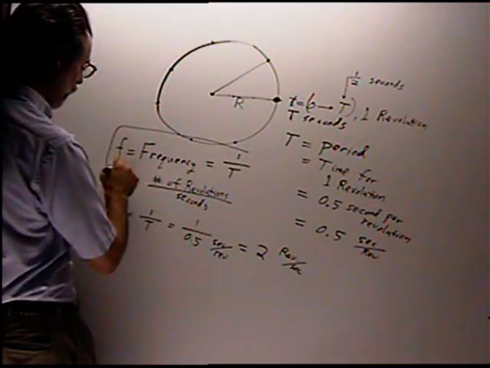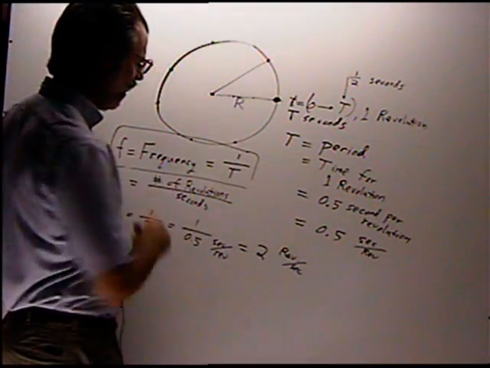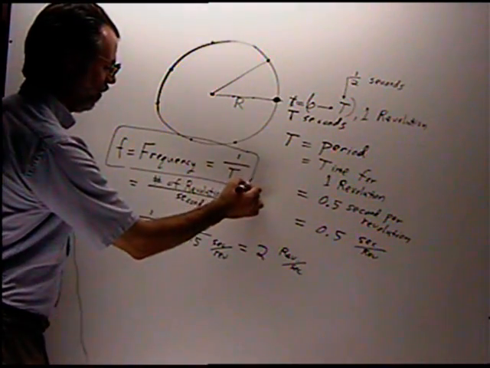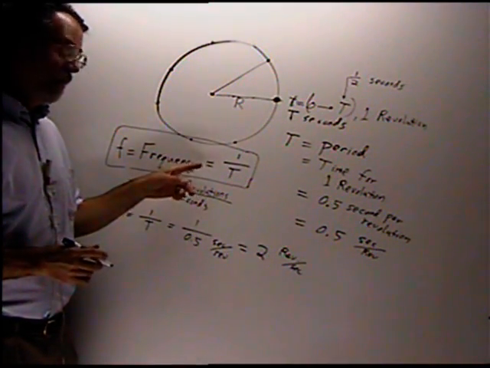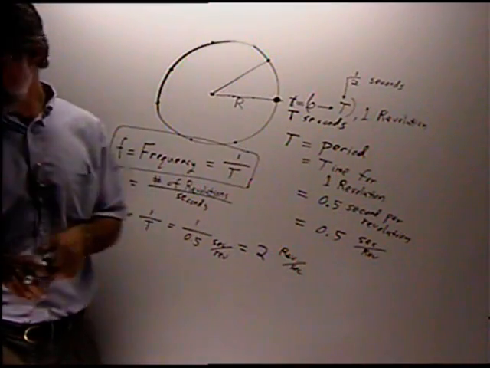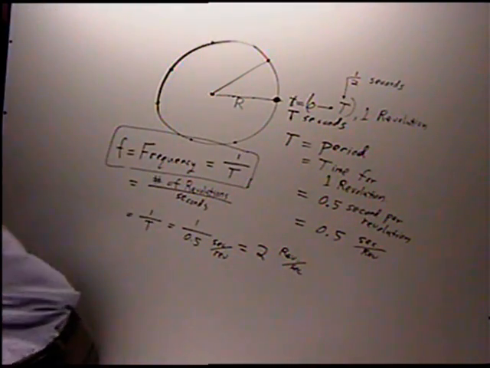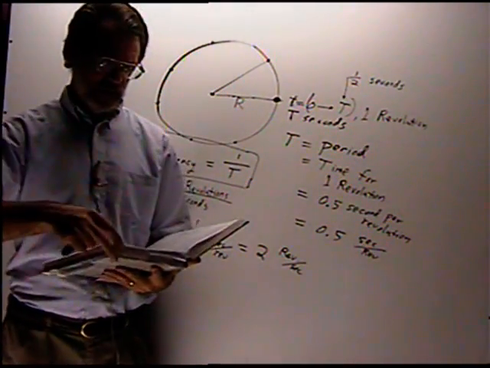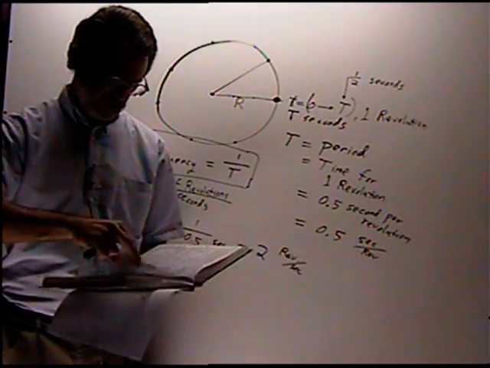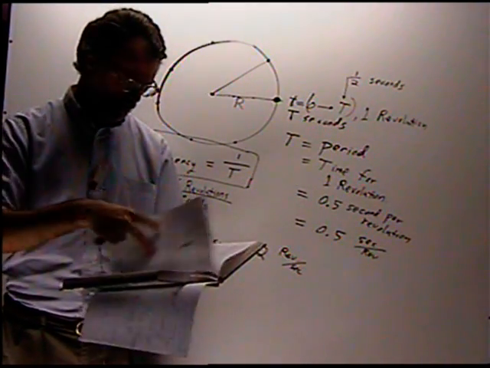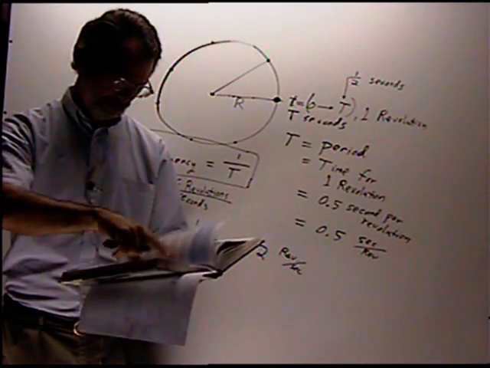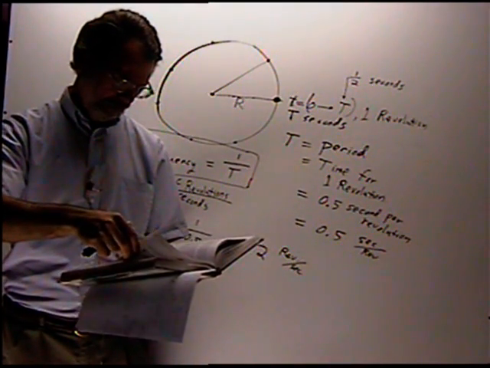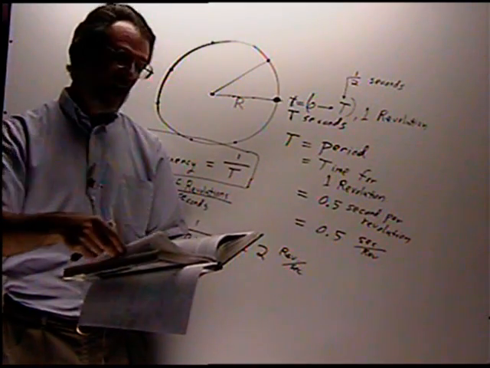This is an important equation. We will use this in this chapter, but also in the lab. I can't remember if the book talks about this or not. Let me look real quickly. Actually, it does.